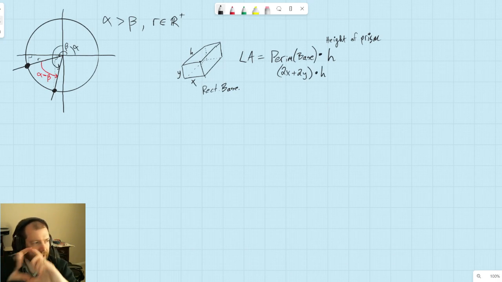And again, this gets you the lateral area of the tube part. So how much box would you need to ship an item? That kind of thing.